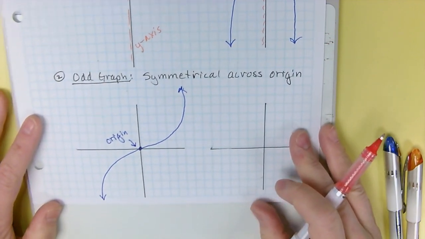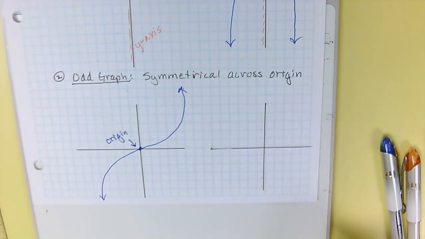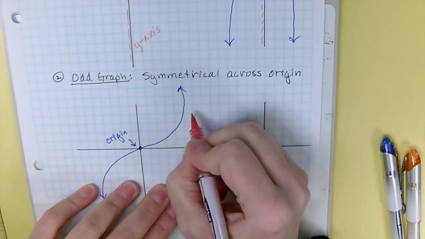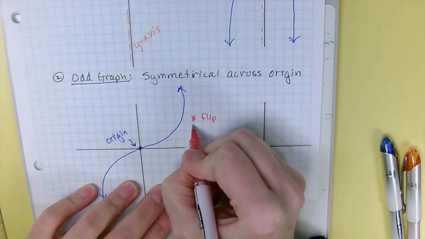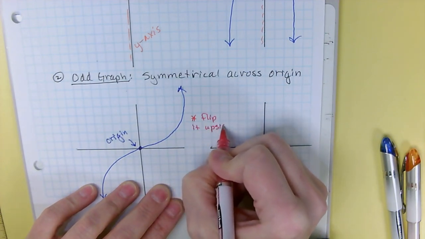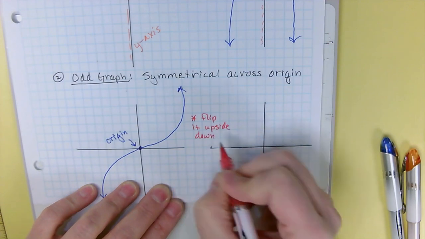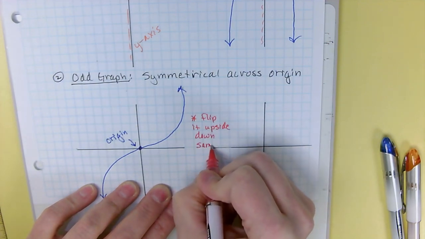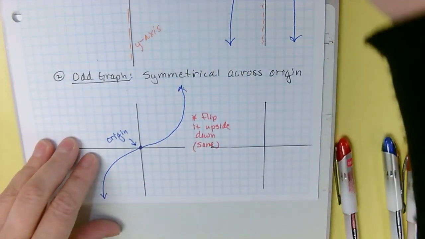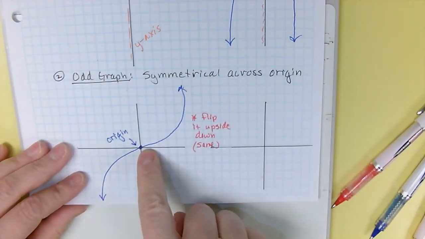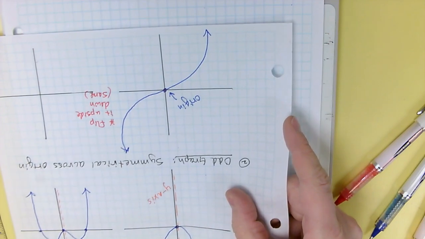A trick to figuring out if a graph is odd is if you flip it upside down and it looks the same. If I take this graph that I just drew and I turn my paper over, it looks exactly the same.